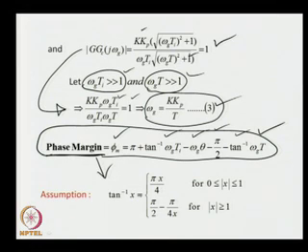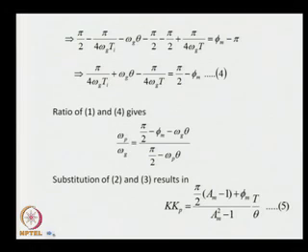When tan inverse x equals pi x by 4 for x less than 1 and equals pi by 2 minus pi upon 4 x for x greater than 1, then the phase margin expression gives us pi upon 2 minus pi upon 4 omega g T I minus omega g theta minus pi by 2 minus pi by 2 plus pi upon 4 omega g T equal to phi m minus pi.